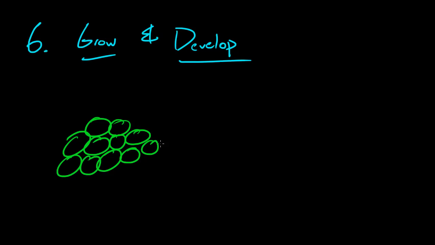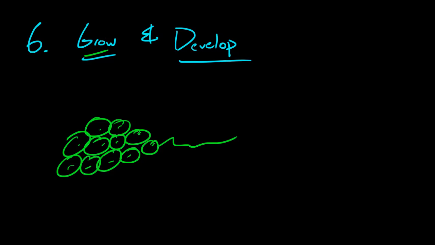I tried to draw a bunch of cells with DNA and it ended up looking like a bunch of grapes. But anyways, you were one cell and you turned into a bunch of different cells. So that's what I mean by growing. You grew, and that's why you are considered an organism.